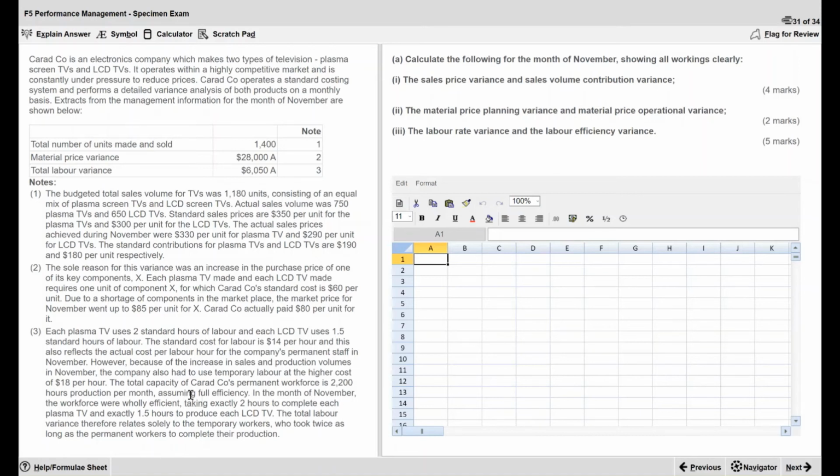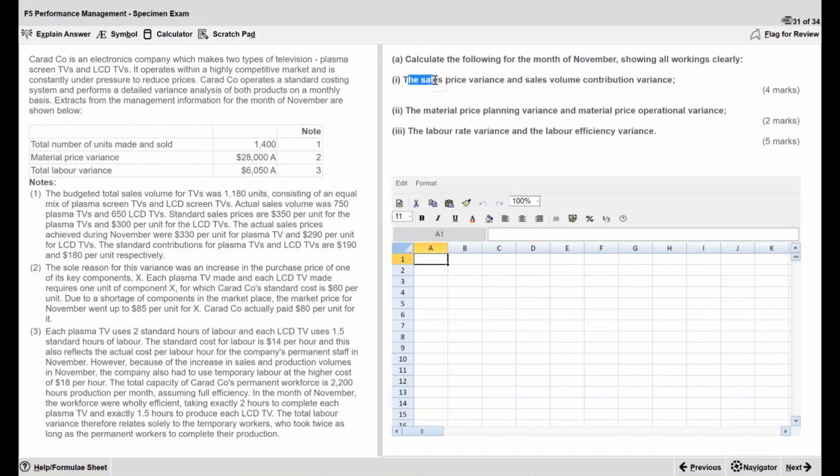The total capacity of CARETCO's permanent workforce is 2,200 hours per production per month, assuming full efficiency. In the month of November, the workforce were wholly efficient, taking exactly 2 hours to complete each plasma TV and exactly 1.50 hours to produce each LCD TV. The total labor variance therefore relates solely to temporary workforce who took twice as long as the permanent workforce to complete their production.